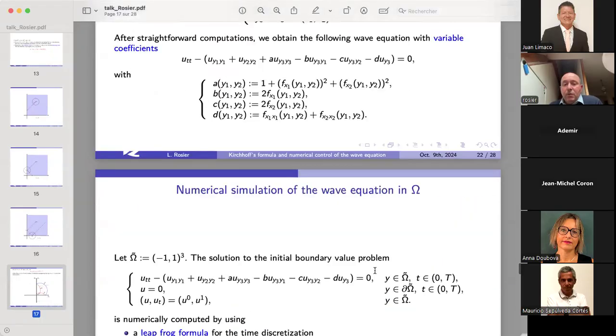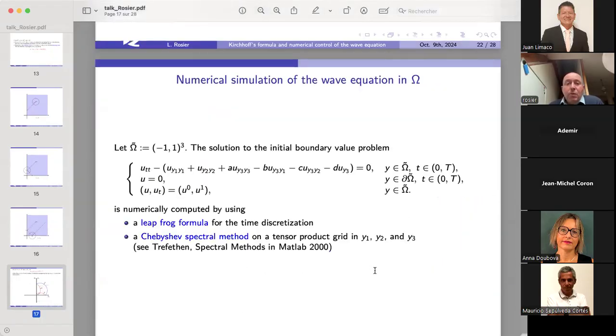It's absolutely not difficult. So what we want to do numerically now is to solve this wave equation with variable coefficients. Omega tilde is the box [-1,1] to the 3. The solution has to be 0 on the boundary, and you start from u0, u1.